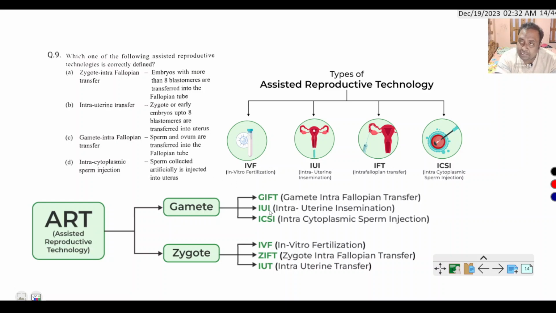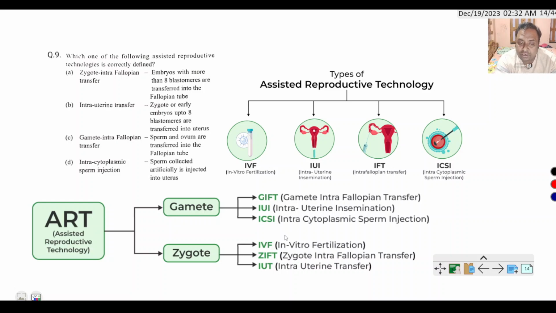This is intrauterine insemination, where the sperm enter the uterus. ICSI is intracytoplasmic sperm injection, where the sperm is injected directly into the cytoplasm of the egg. IVF, in vitro fertilization, means the egg and sperms are collected and fertilized outside of the body within a test tube.